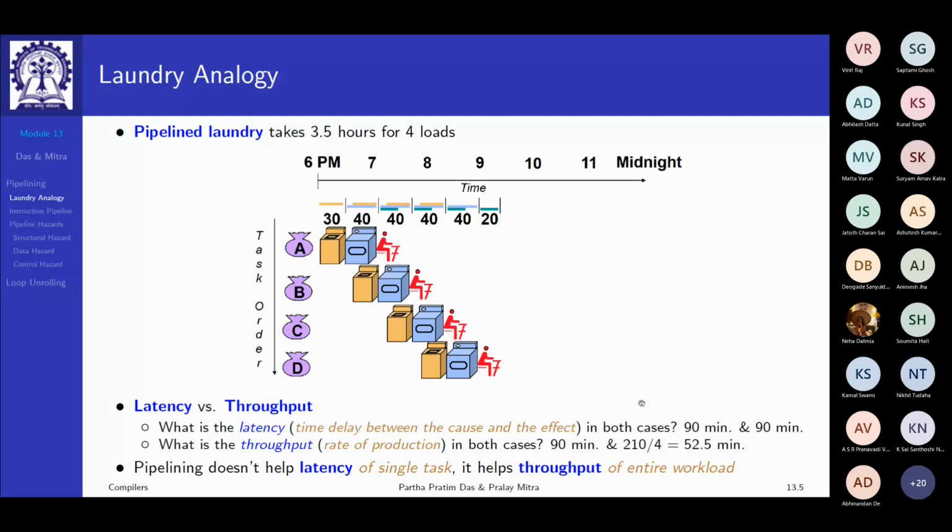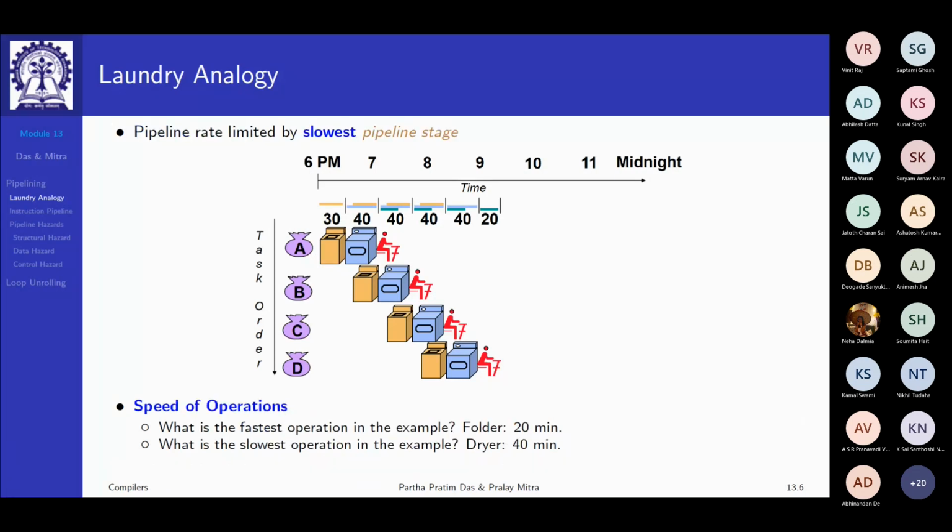So in terms of the utilization of the system, the throughput of the entire workload is substantially getting reduced, while the latency of a single task does not change. A few of the other observations that we can make: what is the rate of this pipeline? What is the rate at which it could deliver this throughput? Certainly, the rate is limited by the slowest pipeline stage, right?